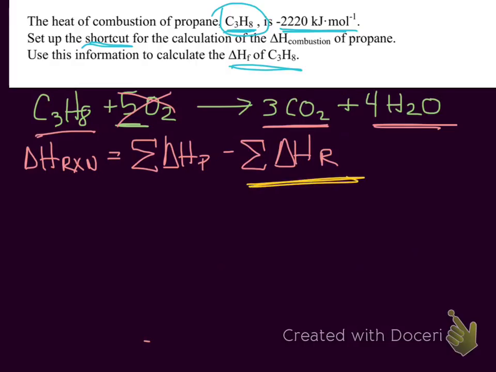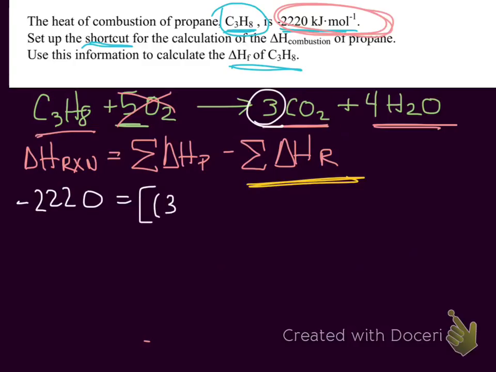All right, so let's plug all of these in. Okay, so delta H for reaction is given to us as negative 2220. I'm getting that directly from right here, the problem up above. Equals, okay, well, we've got 3, oops, hold on a second, let's fix that.